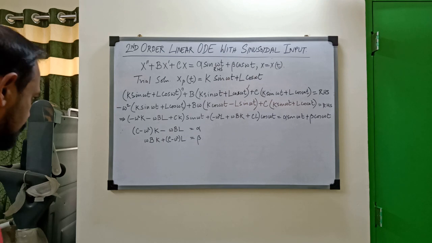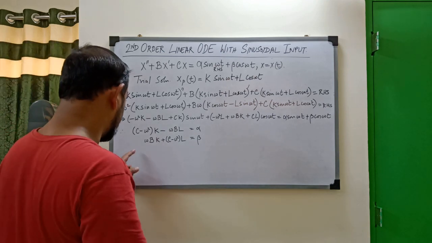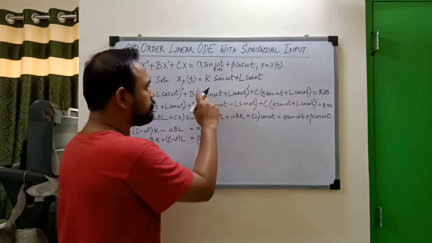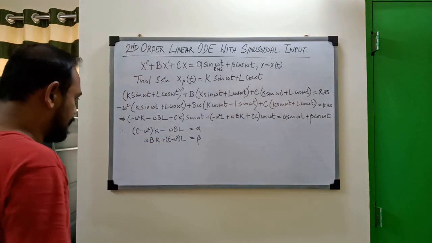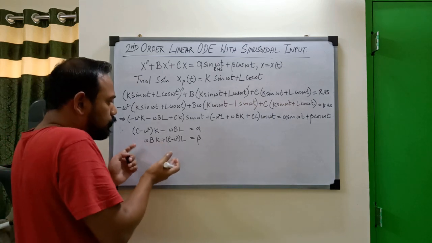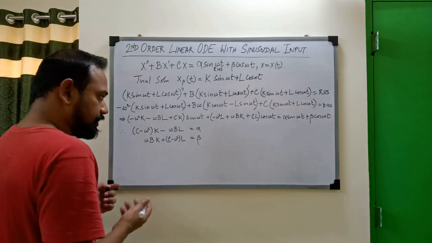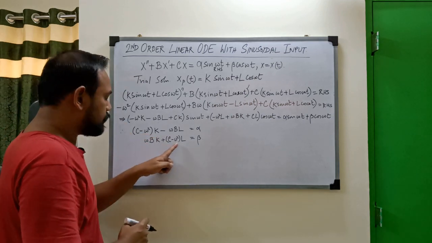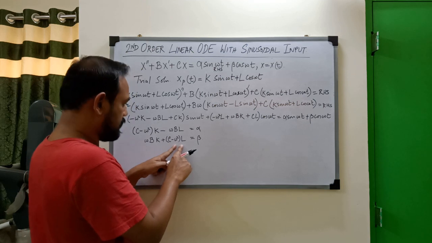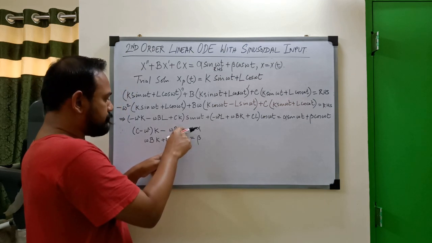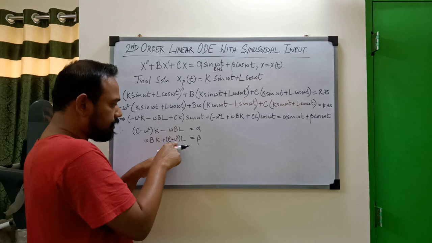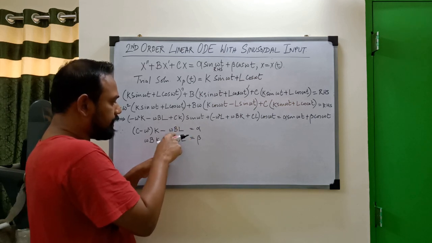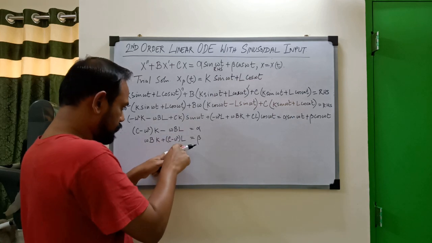All right, let's solve this. We want to solve for k and L, because those were the undetermined coefficients. These are a system of linear equations in two variables, and we can solve that. Let's find k first. I want to eliminate L, so I will multiply the first equation by c minus omega square, and I will multiply the second equation by omega b, and I can add the two.